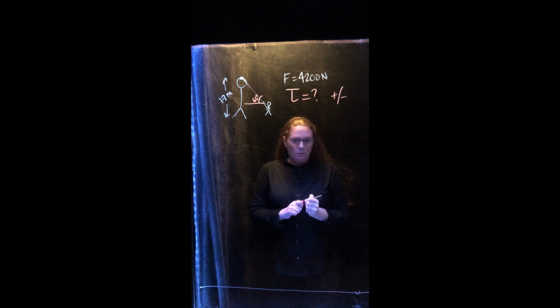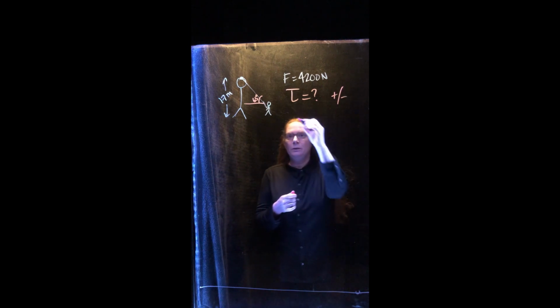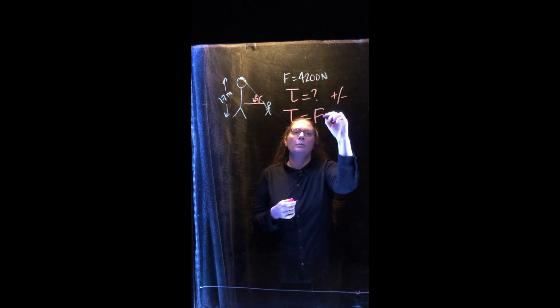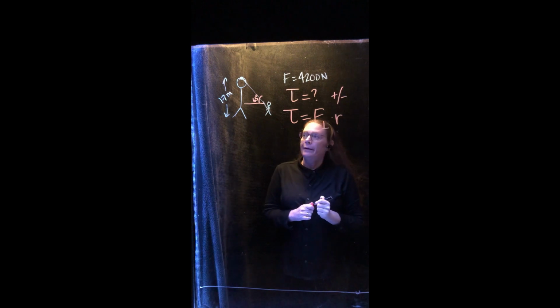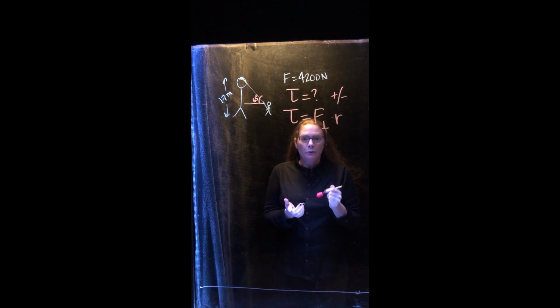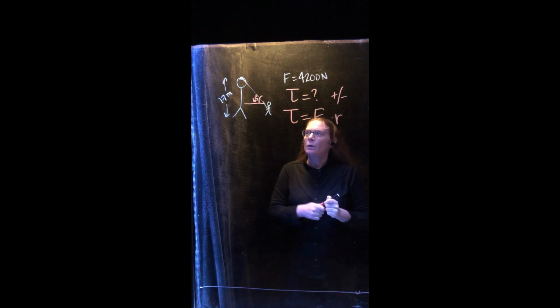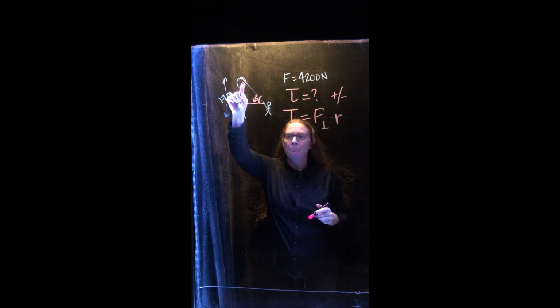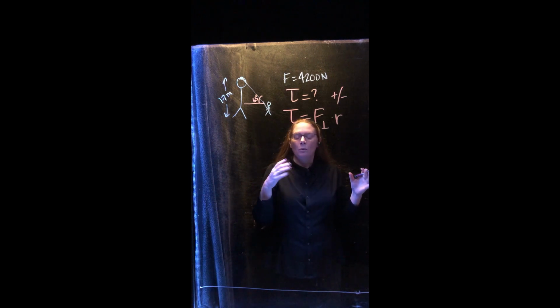All right, so using the definition of the torque that I typically use, torque equals the perpendicular force times the lever arm, the distance. One of the things you're going to have to do first is figure out where the pivot point is in any of these problems. If you're pulling on the top of the statue, where is it going to pivot about?